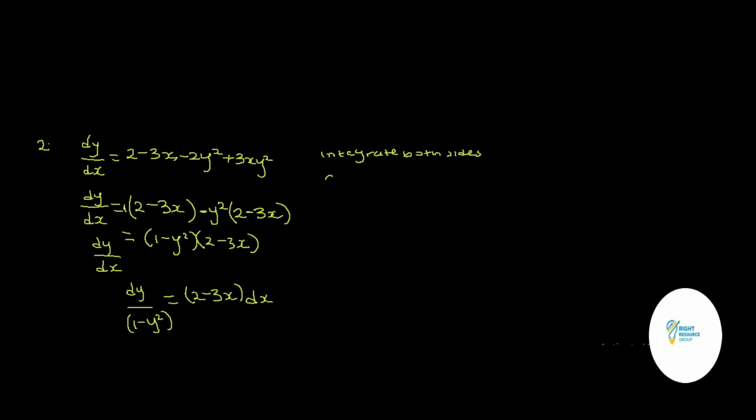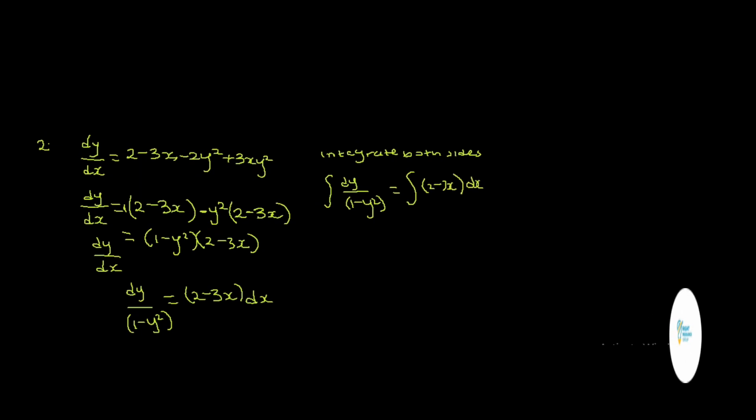When we integrate both sides, we'll have the integral of dy over 1 minus y squared equals the integral of 2 minus 3x dx. Please, this is 3. My writing is looking like something else. Okay, let's make it visible.